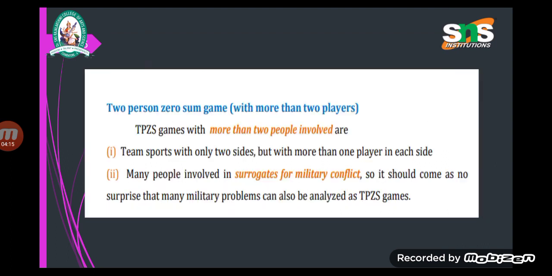Two person zero sum games include cases where more than two people are involved, such as team sports with only two sides but with more than one player on each side. Examples are volleyball, throwball, etc. Many people are involved in surrogates of military conflicts, so it should come as no surprise that many military problems can be analyzed as two-person zero-sum games.